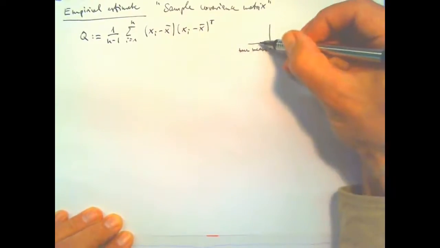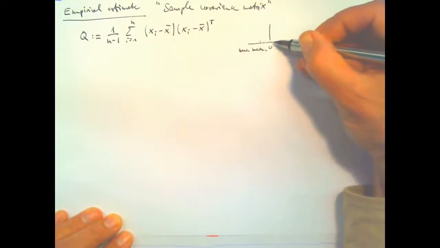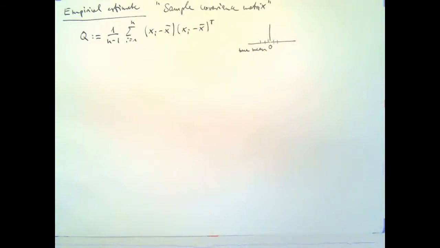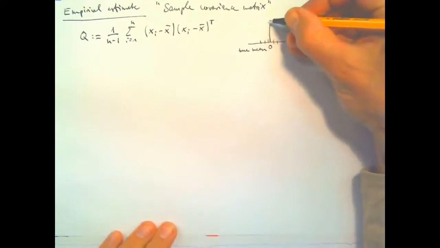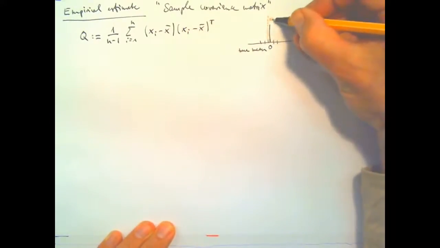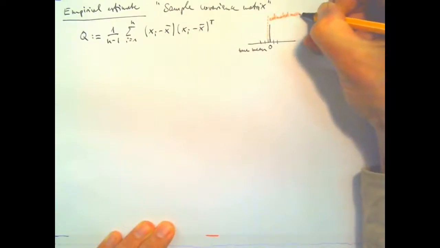And I now have a couple of observations drawn from some distribution, and I use these few observations to estimate the spread of my distribution. Now, if I use not the true mean but the estimated mean, here would be, in this specific example, a little more to the left.